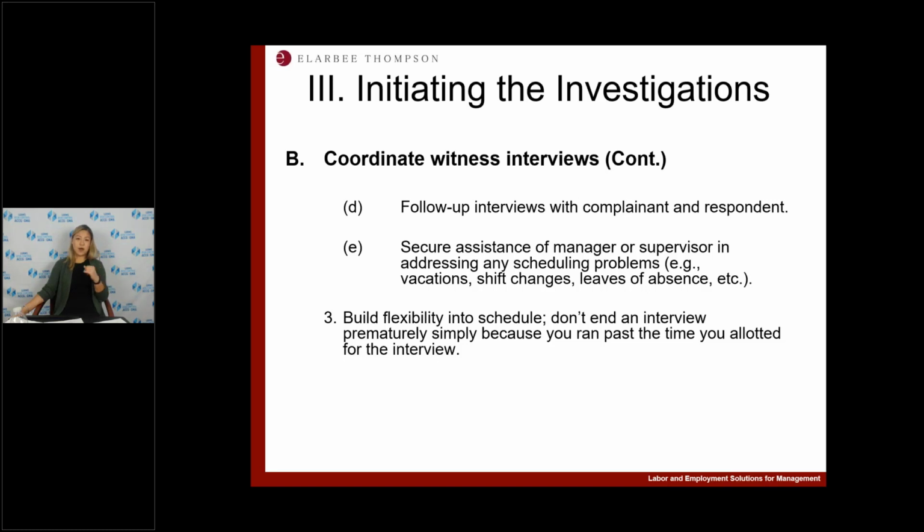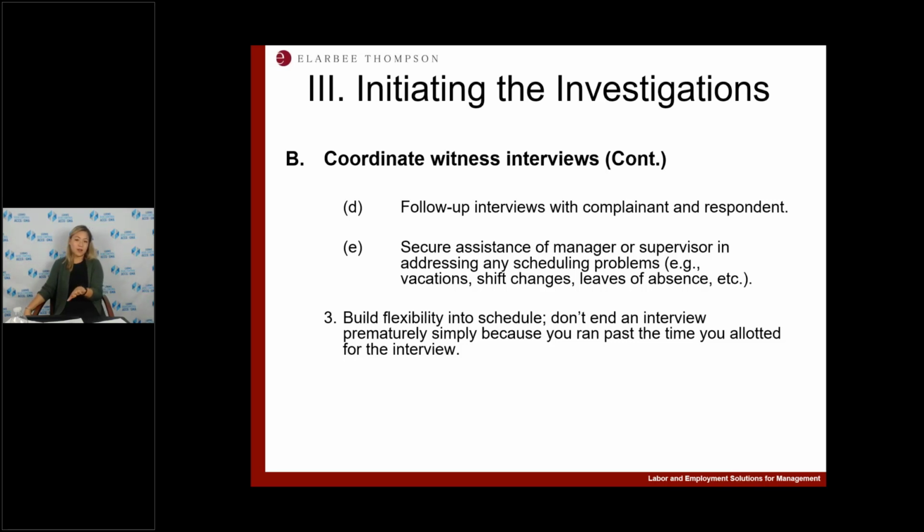For example, I had an interview recently where in the written complaint, the complainant alleged gender, race, and sexual orientation discrimination. And during the interview, which went on for, I want to say, 3.5 hours, it was a very long interview, he eventually walked those back on his own.